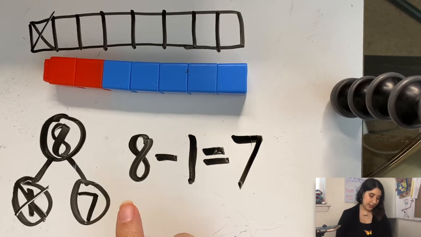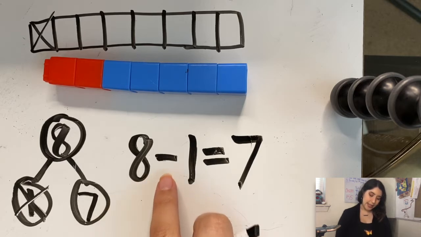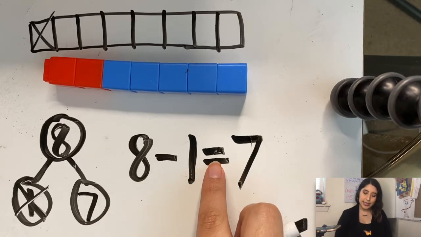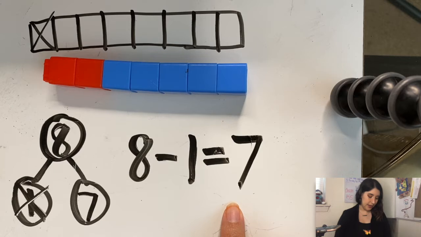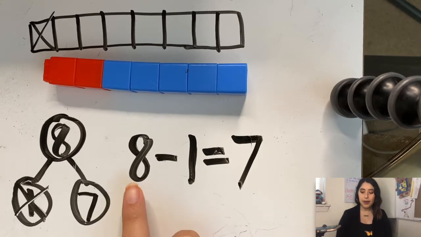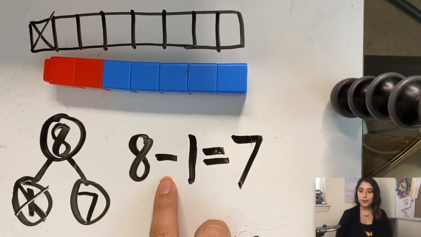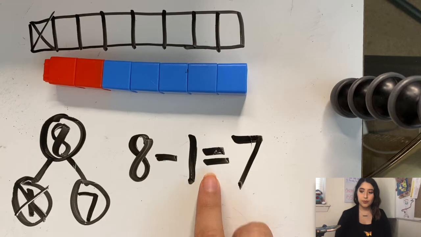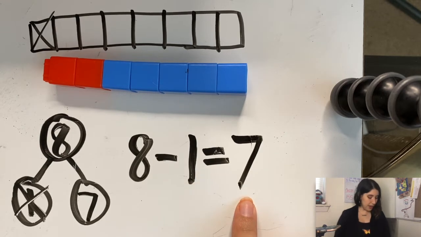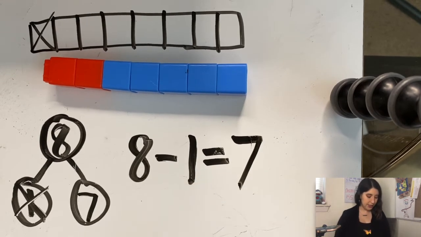Let's read the subtraction sentence. Ready? 8 minus 1 equals 7. Read it by yourselves. Get ready. 8 minus 1 equals 7.